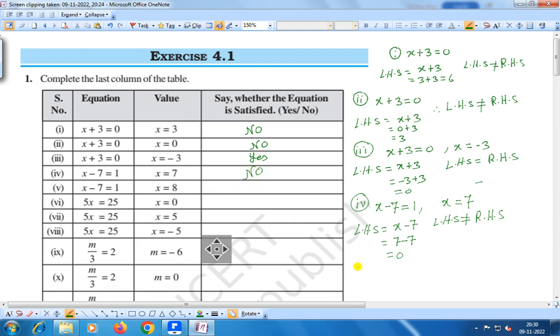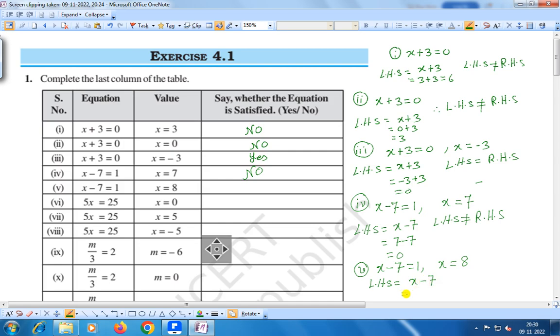Now question number 5. Question number 5 is x minus 7 equal to 1, and the value of x is equal to 8. Left hand side is equal to x minus 7.